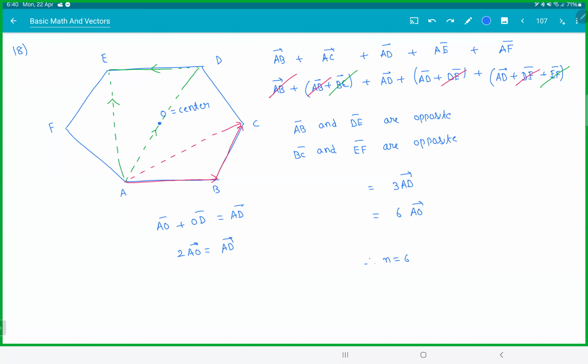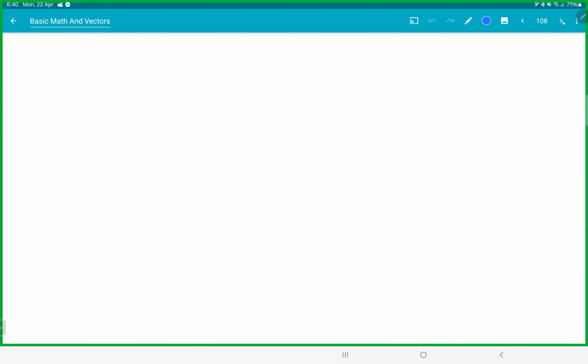Any doubts? Vihan, clear with this? Devika, got this? Confused? Yes, clear, no? Okay. Devansh, Archana, Arush. Perfect. Next one.